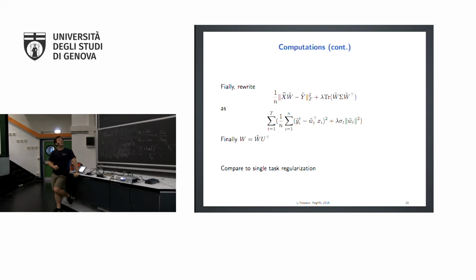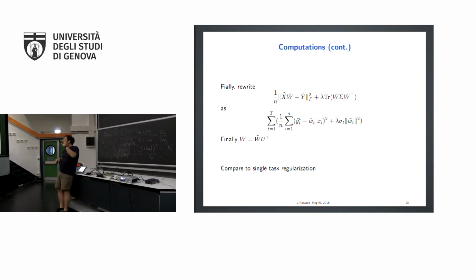So this is all we are doing. And this is reflected in the fact that the structure matrix is just inducing some linear dependence among the different tasks. It's just a matrix. So all the tasks are just related in a linear way.